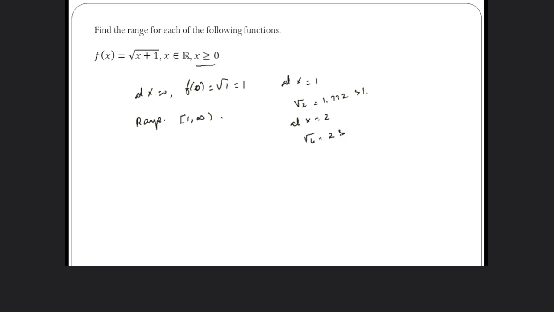So the square root of x plus 1 is an increasing function. As it is an increasing function and the minimum value is 1, it takes the values from 1 to infinity. So the range is the closed interval 1 comma infinity.